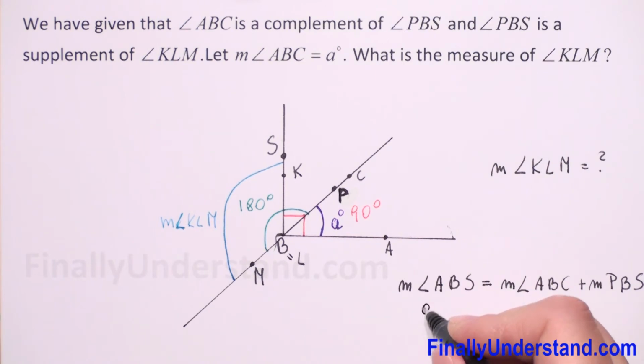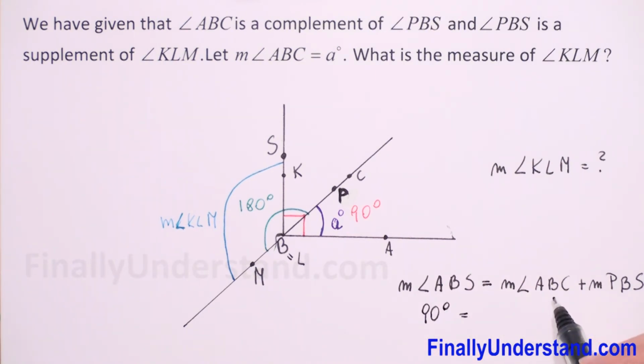So we have 90 degrees is equal to the measure of angle ABC, which is given as 8 degrees, plus the measure of angle PBS, which is our unknown. So we can move 8 degrees to the left side.